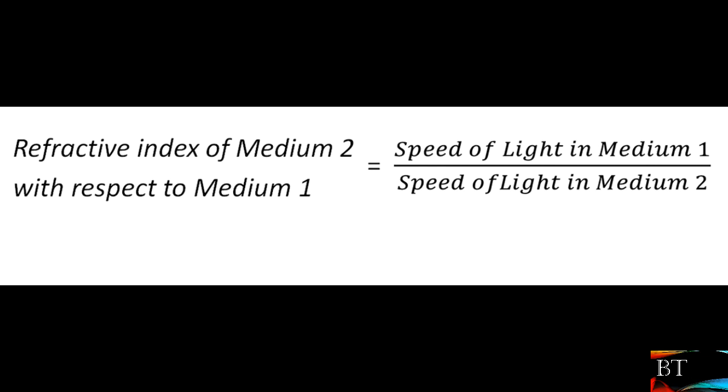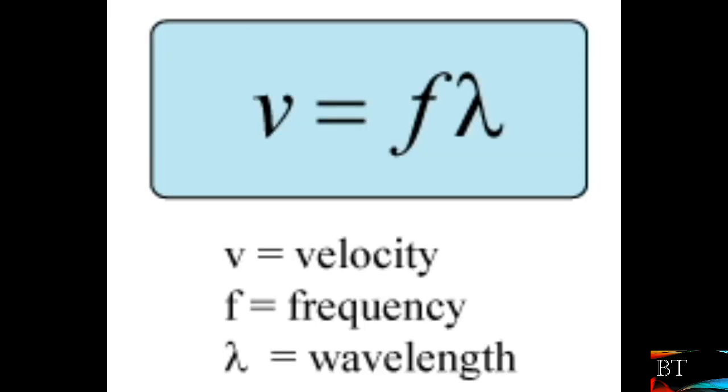In the case of all waves, including light waves, the speed of light, the frequency and the wavelength of light are related by the wave equation v = fλ, where v is the speed of light, f is the frequency of light and λ is the wavelength of light.